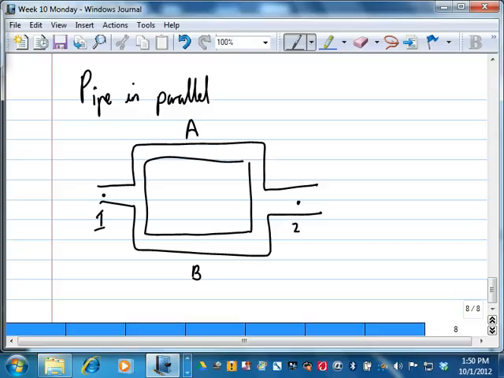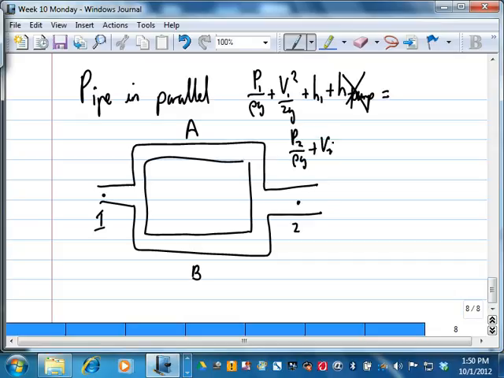Alright, P1 on rho g plus V1 squared on 2g plus H1 plus H turbine, H pump, alright, is equal to, in this case no pump, so don't worry about that, P2 on rho g plus V2 squared on 2g plus H2 plus head loss plus head turbine.